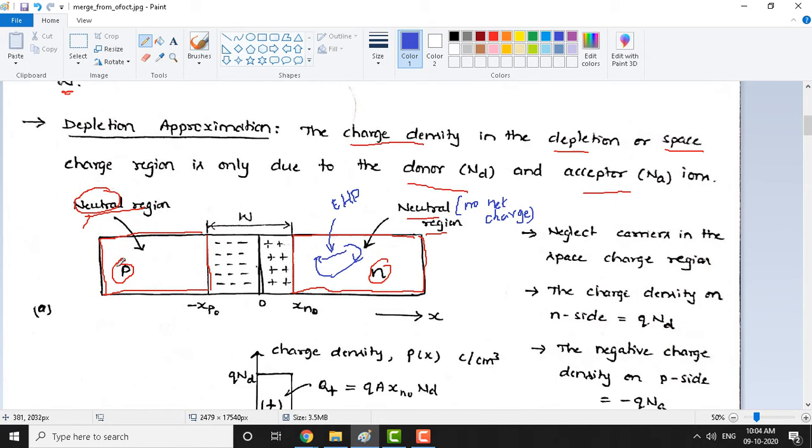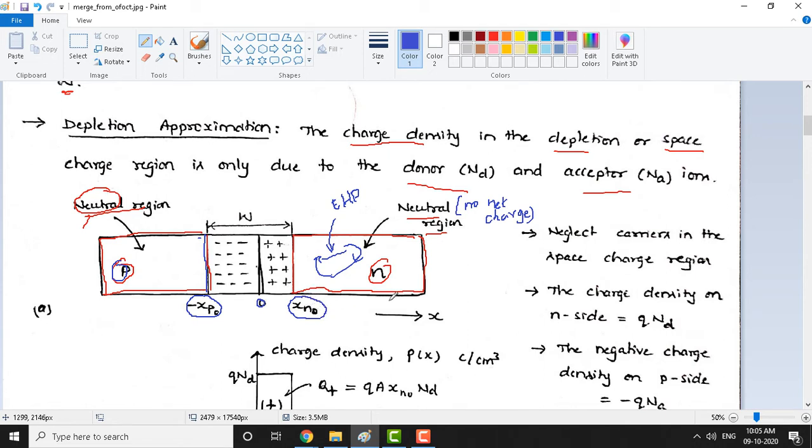Similarly, on the p side you see the neutral p region. You can see here the edges of the depletion region. This edge of the depletion region we denote as minus xp naught, and 0 is the middle of the junction. Towards the n side we have xn naught.